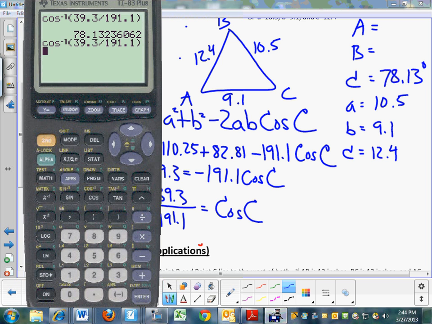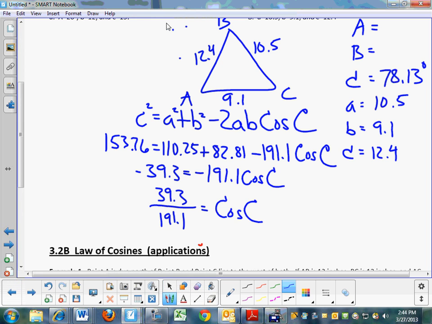I'm going to do the same entry, go back up here, and insert a negative, just so you can see. Let's say it was negative, then it's 101.87. So cosine's able to determine what the obtuse angle would be. Sine can't do that. Cosine can. Interesting. All right, so you got 78.13.